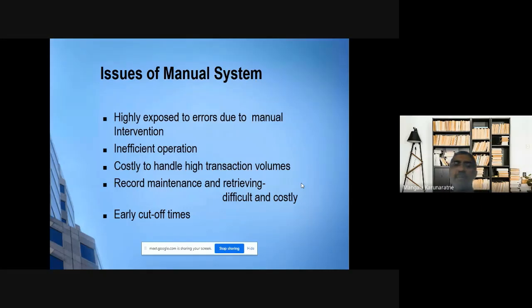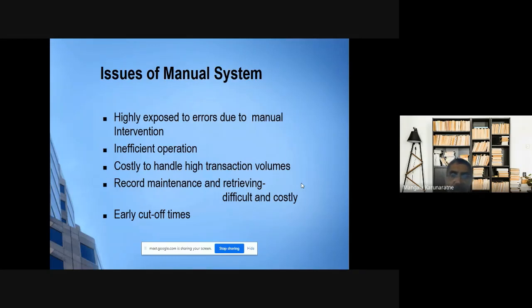So, highly exposed to errors due to manual intervention. That is, all parties involved, because everything was manual except for the SWIFT we sent informing the details to the other person. And inefficient operation. Now errors is one thing, but inefficient operation means the operation was very slow because everything had to be done by human intervention, right?